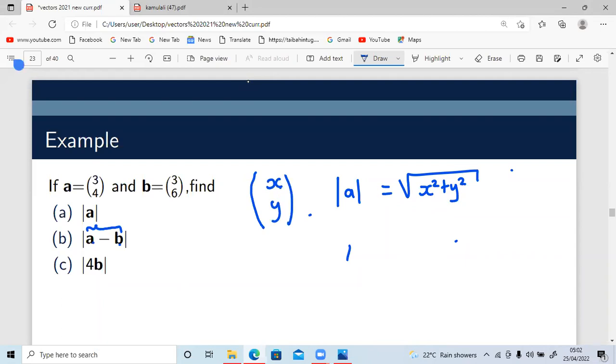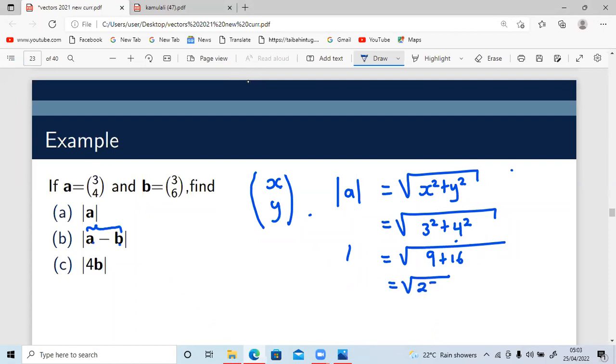Your x is always the value up, then the y is the one down in the second position. So we shall have the square root of 3 squared plus 4 squared. 3 squared is 9 plus 4 squared, which is 16. So this will give you root of 25, which is the same as 5 units.